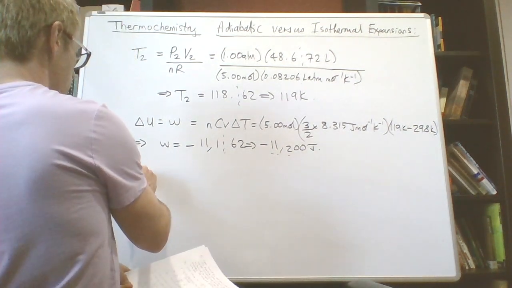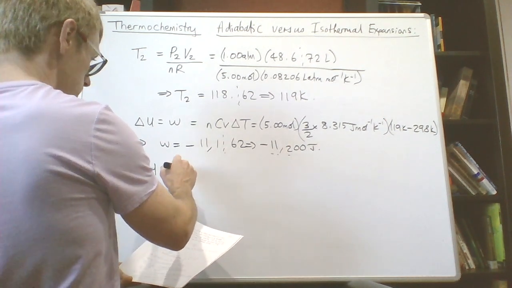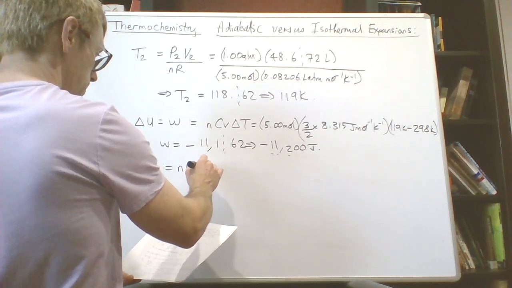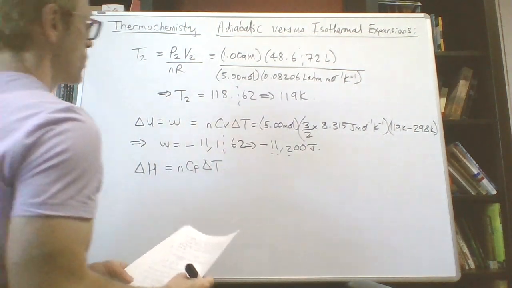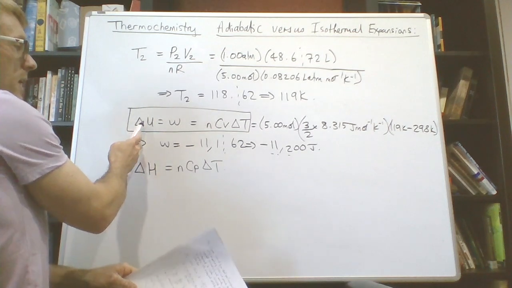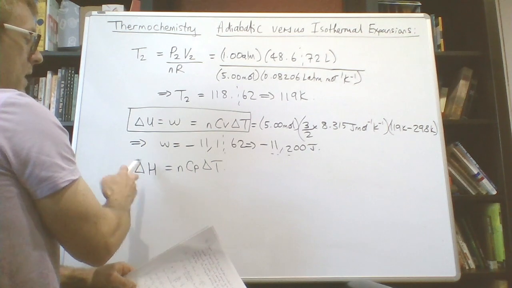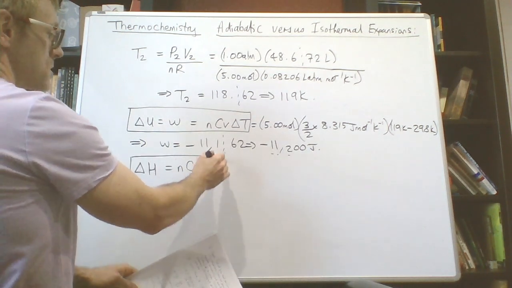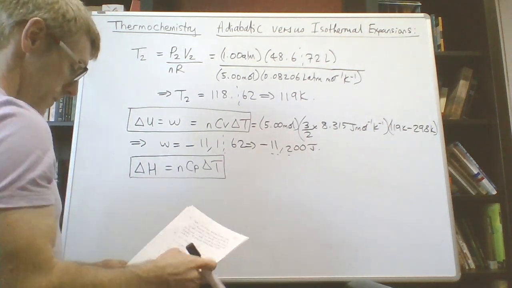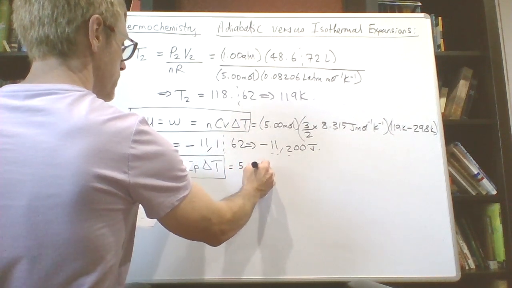And then finally the enthalpy. Enthalpy is equal to N CP delta T. So compare and contrast this. The internal energy uses the constant volume molar heat capacity. The enthalpy uses the constant pressure molar heat capacity. So this is just going to be 5 moles.